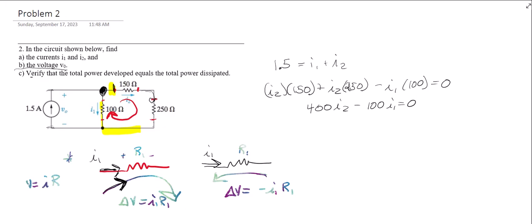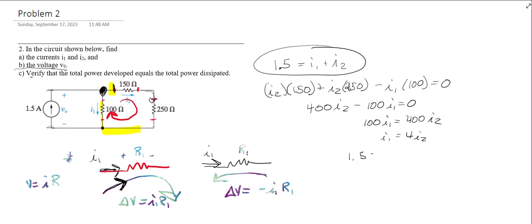Now let's just go ahead and say that this is the same as saying 100 I1 equals 400 I2, or I1 equals 4 I2. And then I can plug that into this equation. 1.5 equals I1, which is 4 I2, so 1.5 equals 4 I2 plus I2, or 1.5 equals 5 I2, or I2 equals 1.5 divided by 5, and 1.5 divided by 5 is 0.3 amps.